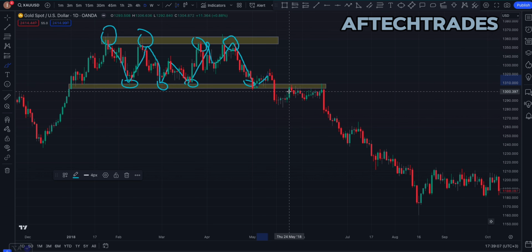The sellers are fully in this market right away. So I will take a short after the close of this candlestick. Please, you wait for the close of this candlestick, not entering the market because you see a big engulfing candlestick.